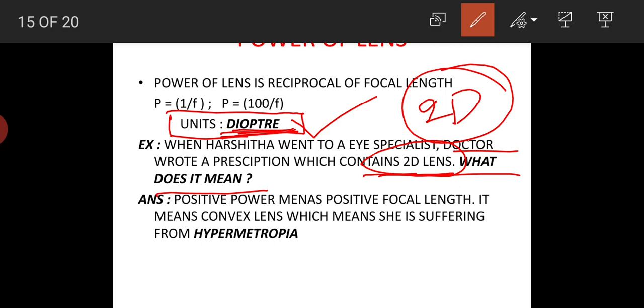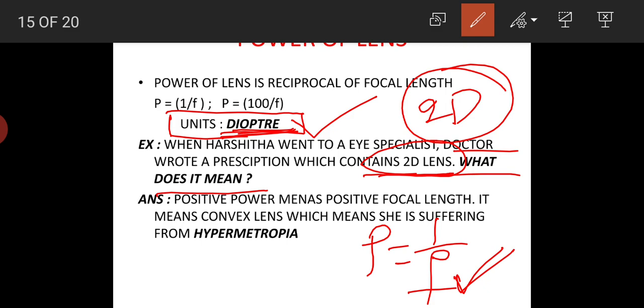Power is equal to 1 by f. When power is positive, focal length is also positive. When power is negative, focal length is also negative. So 2 diopter power means focal length is positive, and positive focal length means it is a convex lens.